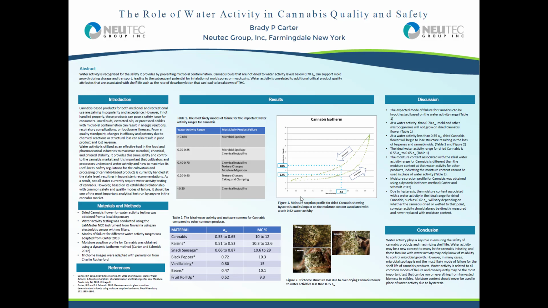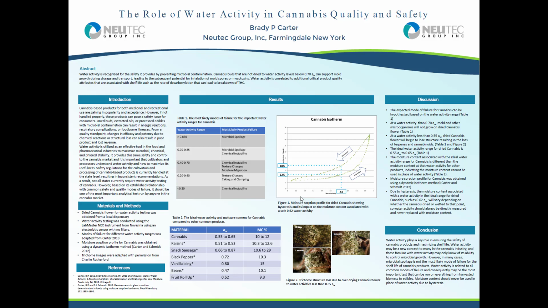And one of the main things that water activity is known for is its ability to control microbial growth. And that's one of the main roles it plays within cannabis. Because if you get below a water activity of 0.7, you've essentially shut down the growth of all types of microorganisms. There are some molds that will grow below that, but they're not very common spoilage molds.